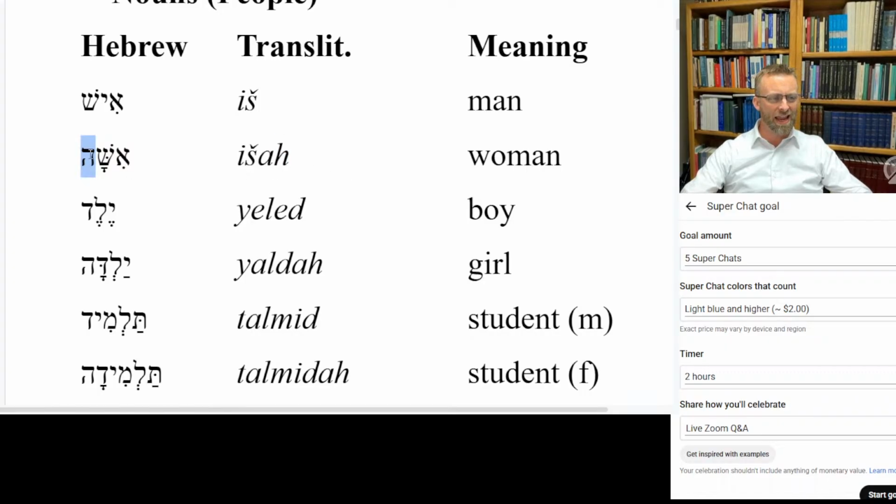But that ah at the end, it's really just the vowel ah. Okay. And the hey is represented to indicate that there's a vowel there in the Hebrew. So ish, masculine singular form, isha, feminine singular form. One means man, the other means woman.